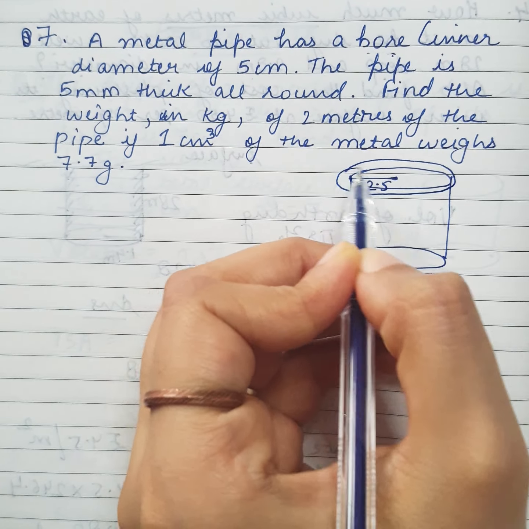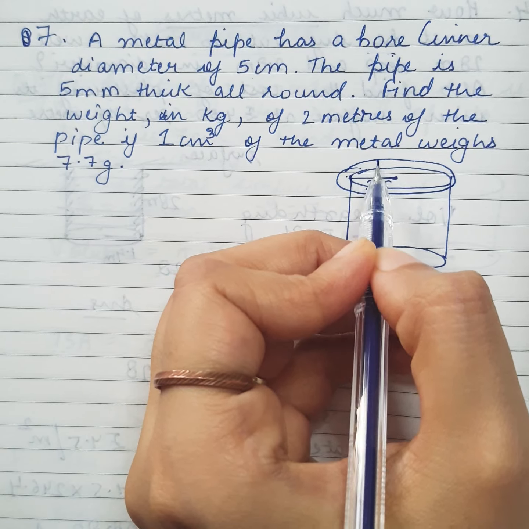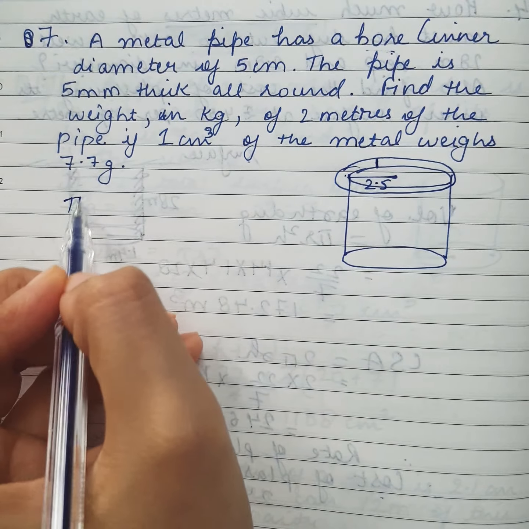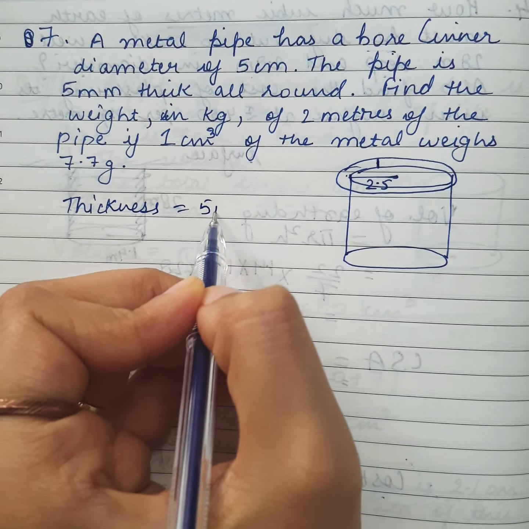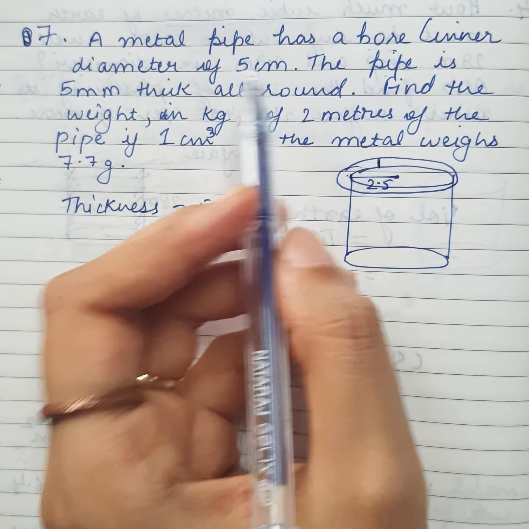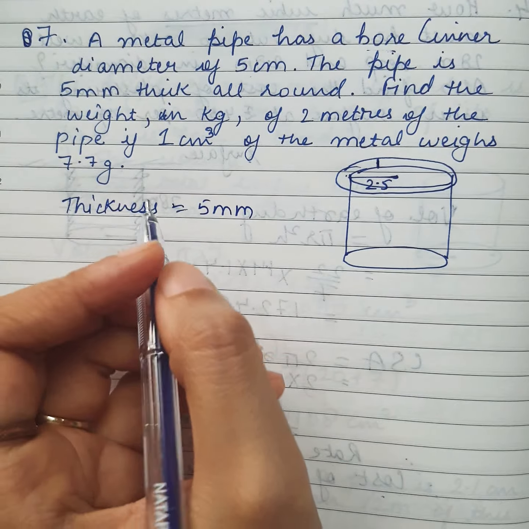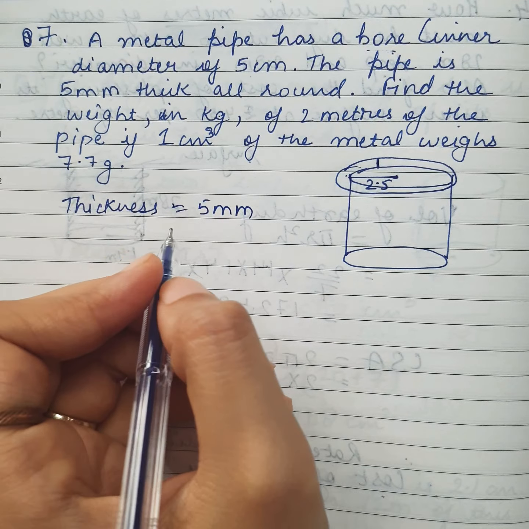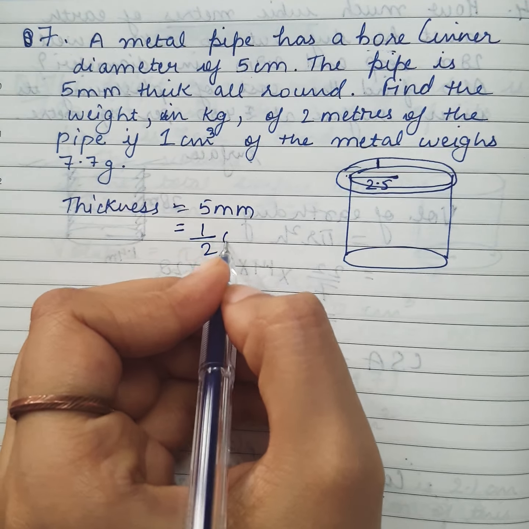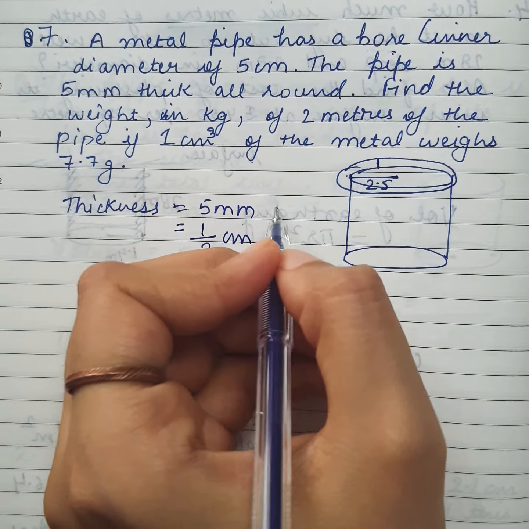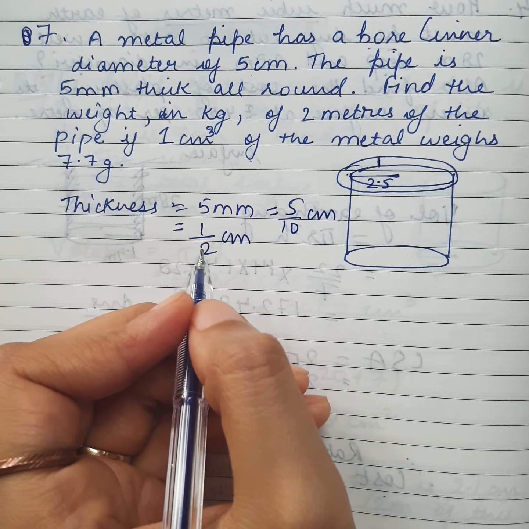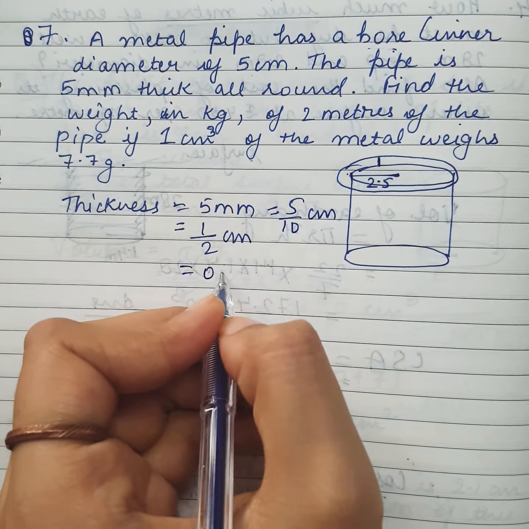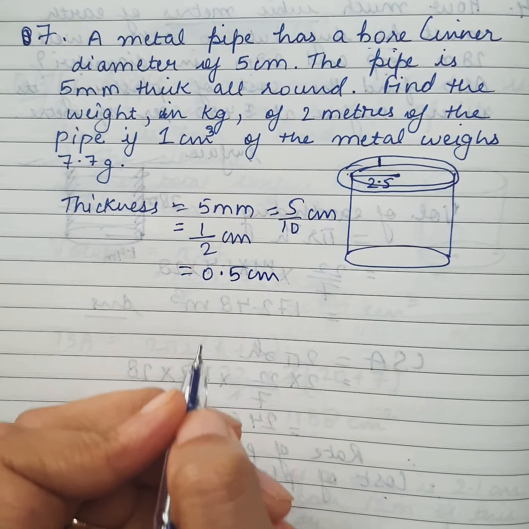The thickness is given in millimeters, so we will convert it into centimeters by dividing it by 10. So 1 by 2 centimeters or 0.5 centimeter is the thickness.